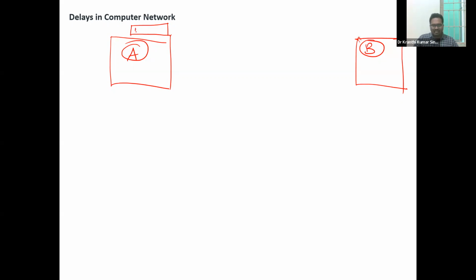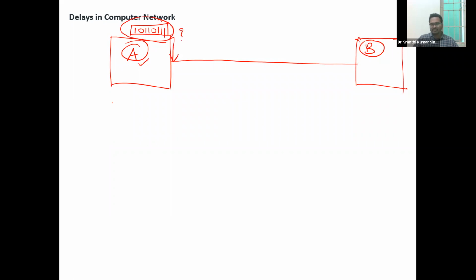For example, in this instance, my packet is 1011011. And here we are using a transmission medium. The question is, how much time or delay will it take for device A to place this entire set of bits, or packet, into the medium?